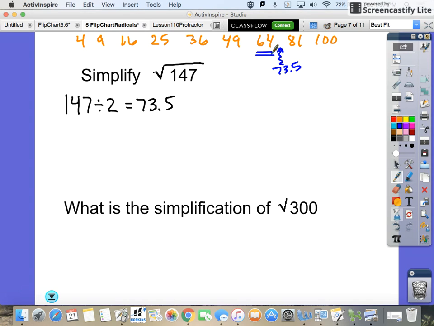So we're going to start testing 64. So if we do 147 divided by 64, it's garbage. It's like 2.2 something. That's garbage. So we do 147 divided by 49.